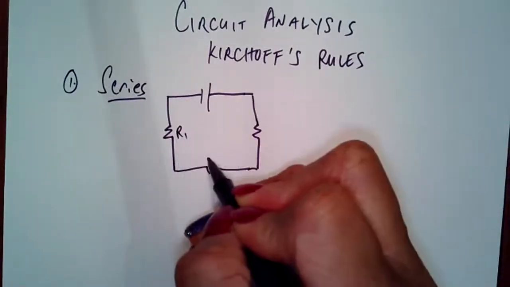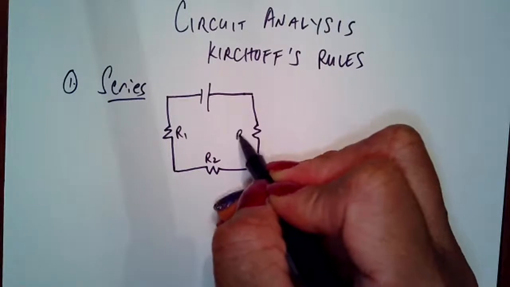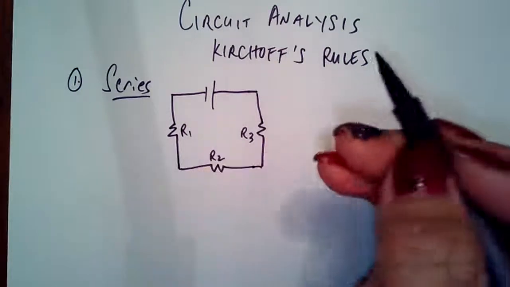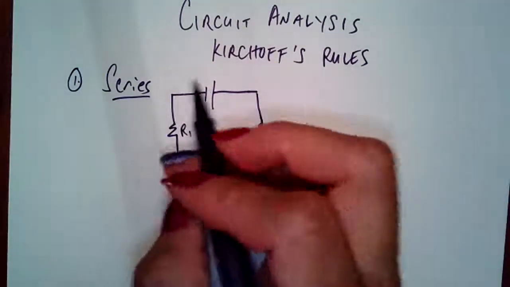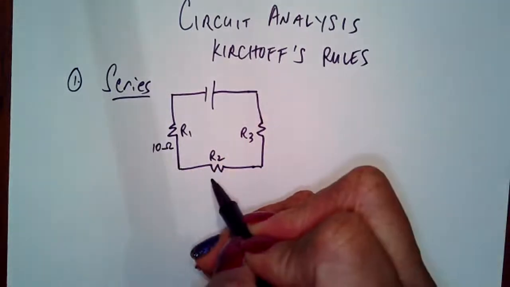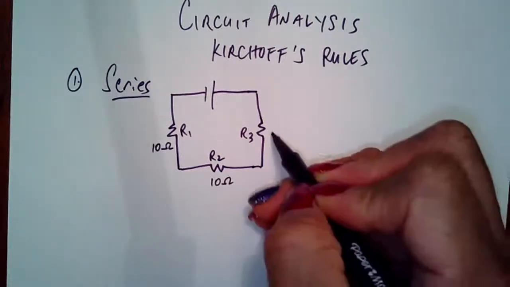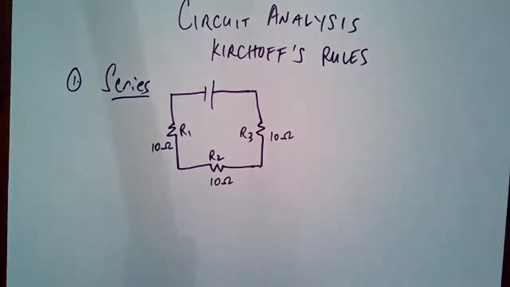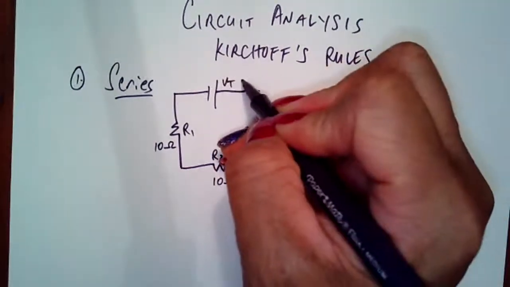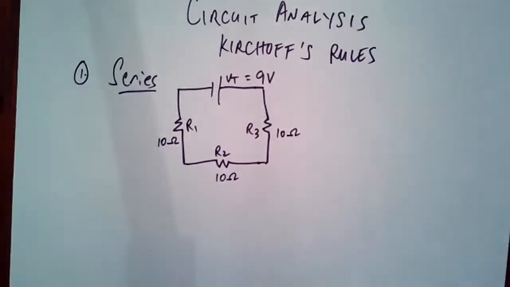So here's our R1, R2, and R3. Let's just give them some numbers. Let's make them simple. And this time it's the same resistance for each one. So each one has a 10 ohm resistance. And let's call this EMF, give this a 9 volt EMF.